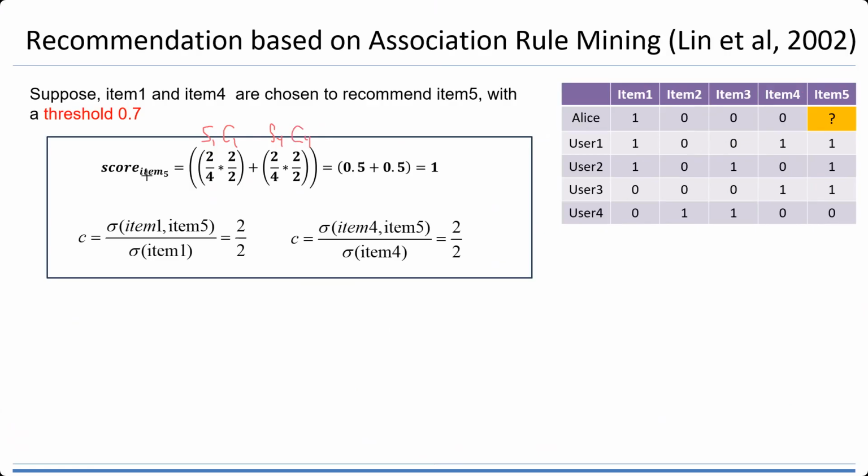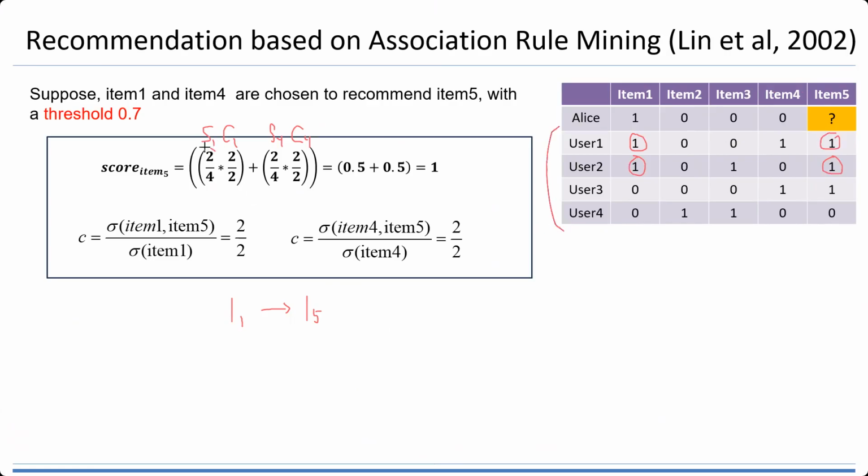Now, let's take a look at the support of item 1. In this case, I have I1, whether it is associated with item 5. Based on the previous calculation, we can see there are 2 among 4 transactions.